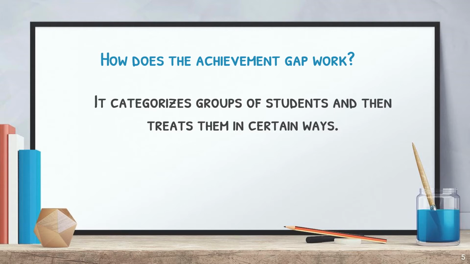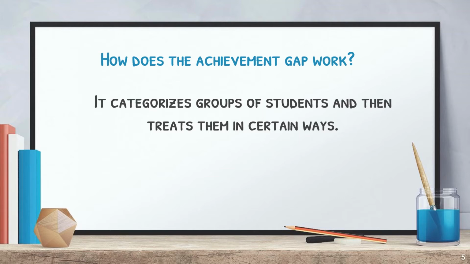Let's look at some ways that the education gap works. School districts use data to group and norm different categories of students, for example, white girls or black boys, SES disadvantaged students, English learners, etc., against a normative standard, and then school systems treat these groups accordingly.